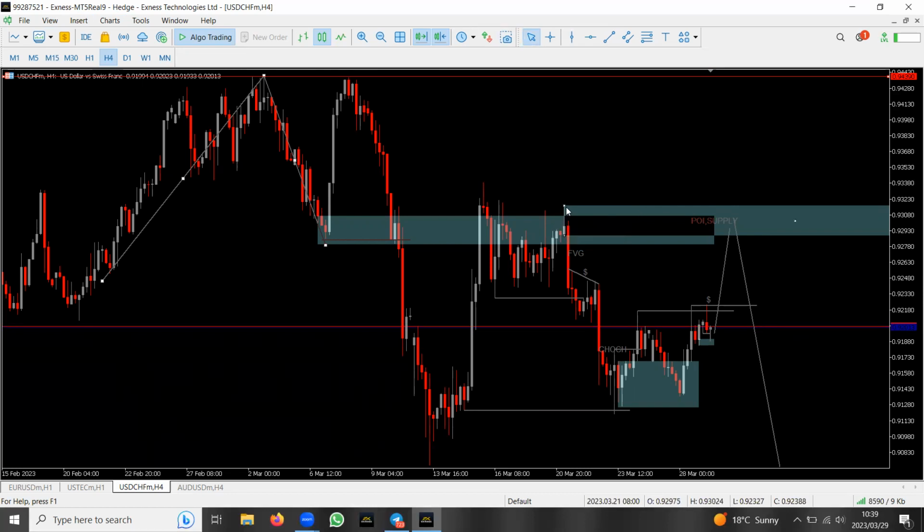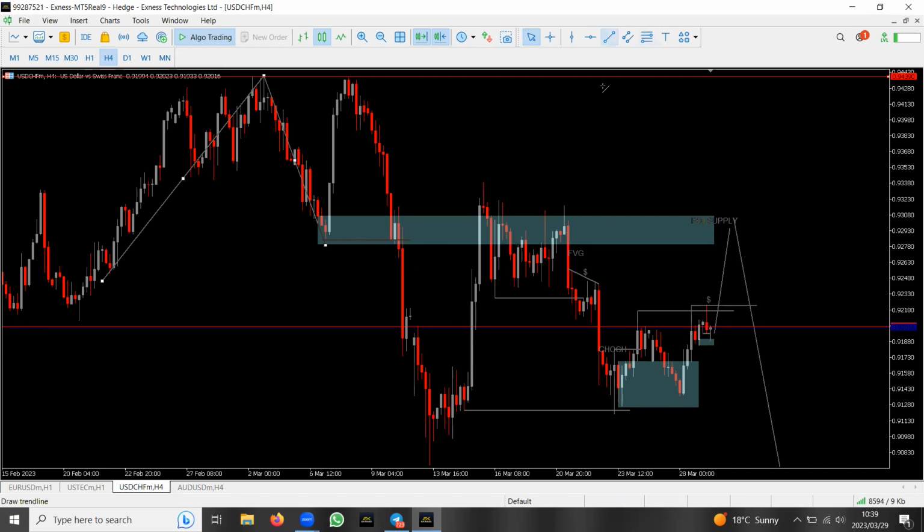So do you see what happened when price came and broke below? The mitigation broke. What happened when it retraced back? It bought to the same level. So the same level, which was a support, became what? Resistance. So this is the mitigation block.